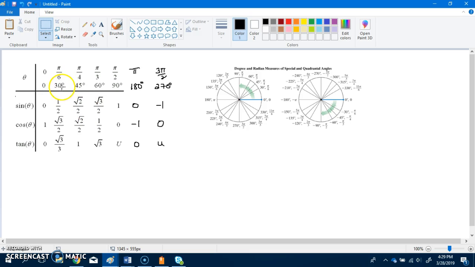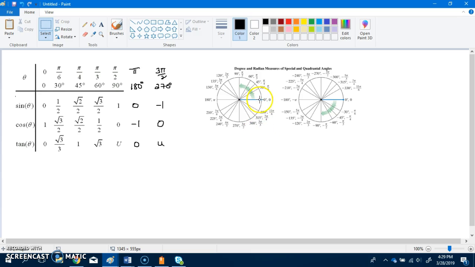You also have to be able to go back and forth between degrees and radians. That's really an important skill as well. Besides that, basically we can take any angle and use these special angles as our reference angles to get answers, which I'll show you in a moment.